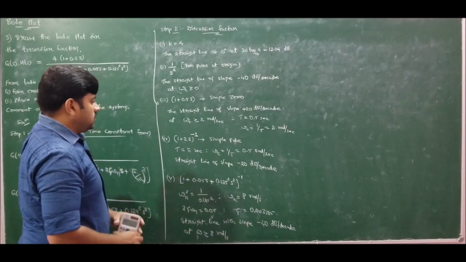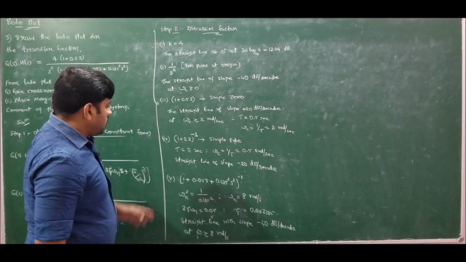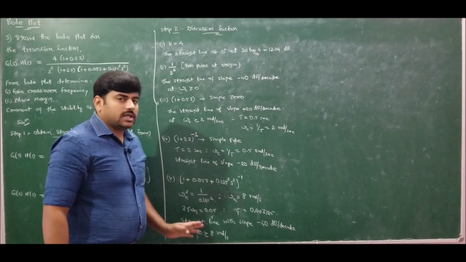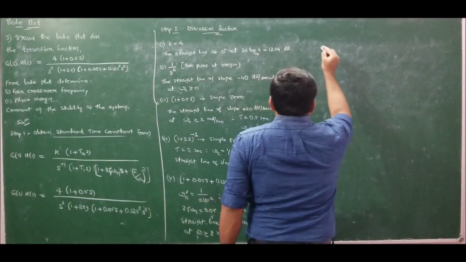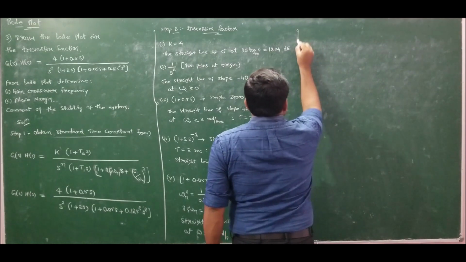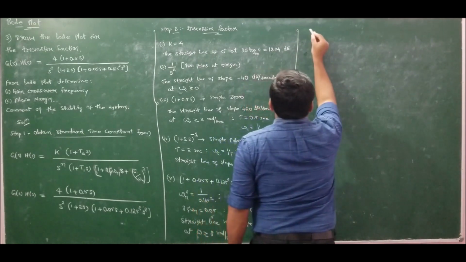So hope you followed. We have done the discussion of all the 5 factors we have for the given transfer function. Next, I move ahead for the resultant slope table.